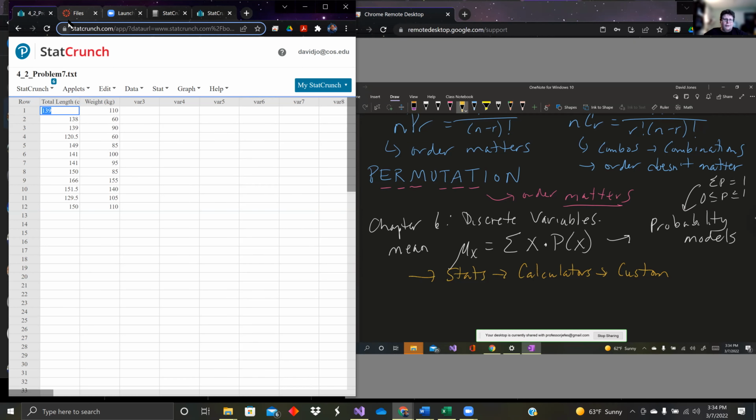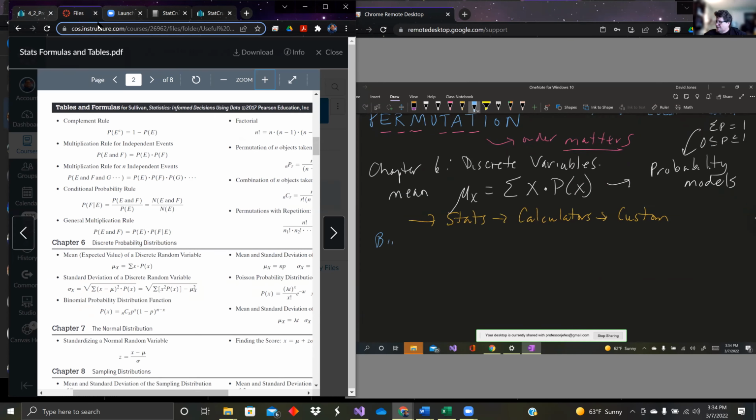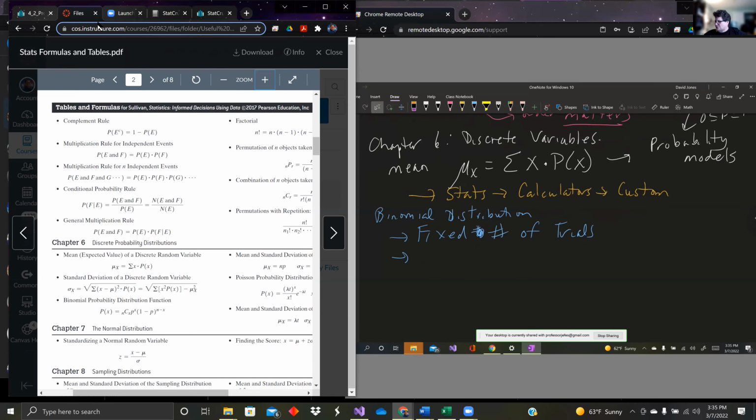Then we had our binomial distribution. And what did it require? There were some requirements. There had to be a fixed number of trials. The trials had to be independent of each other. One toss of the dice does not affect the next toss.